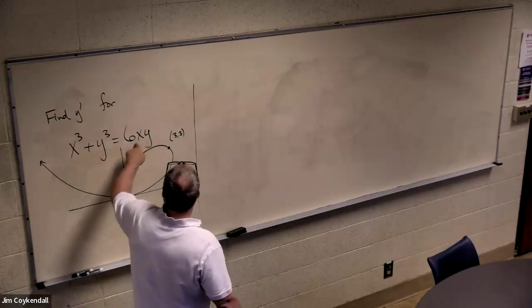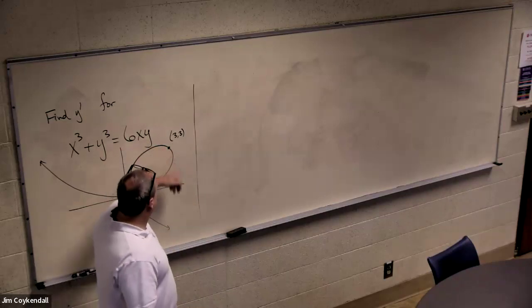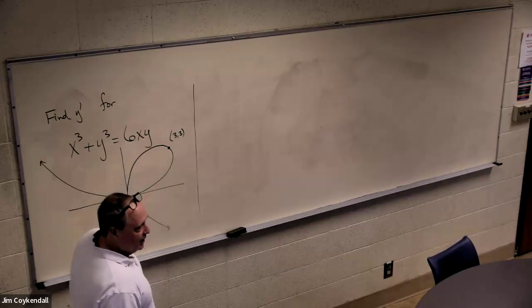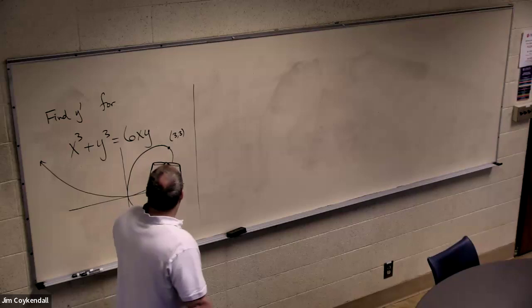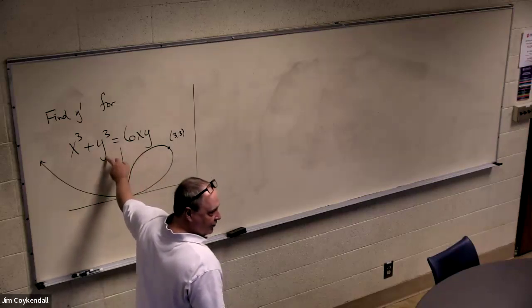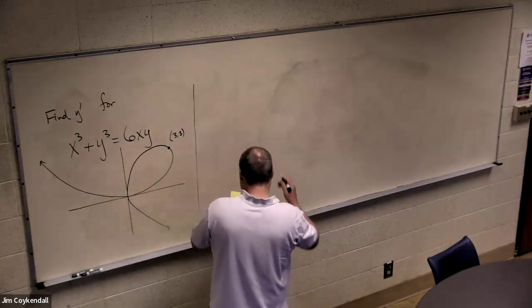Plug in 3 here, 6 times 9 is 54. So what does the tangent look like? It looks like it's probably negative if I've drawn this right. Well, suppose I wanted to solve this for y, just like I solved for y in the circle. One solution of this is this.